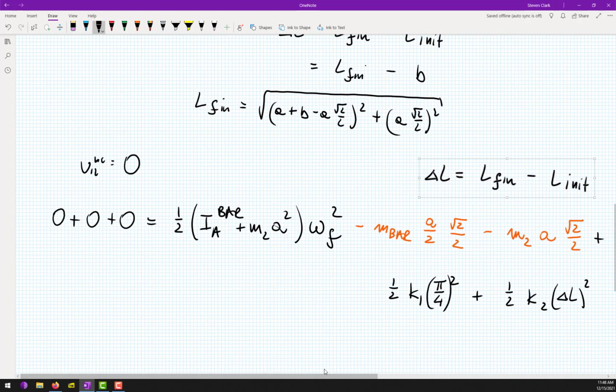And we found L initial, and L final we must find using our calculator.